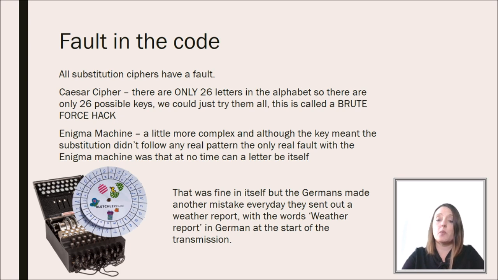So when this was finally worked out and the English finally realized this, they could use the word weather report and the minor fault in the Enigma code where a letter could never be itself to work out what the settings were for that day. However, every morning they had to start that process over and over again, which is where the Bombe came in. Eventually the Bombe could do it within 3 hours.